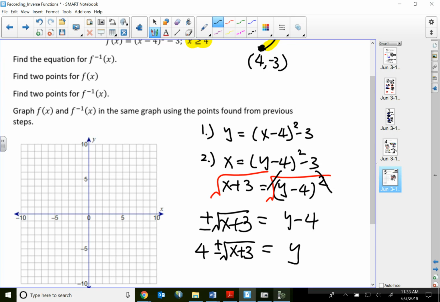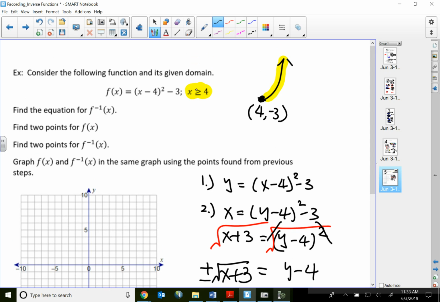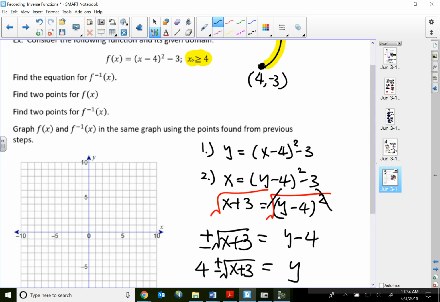Now, this is where it's interesting. Original function want me to look at x is greater than or equal to 4. So when I interchange between my x and y variable here, I'm also interchanging this part, this variable here. It was x greater than or equal to 4.